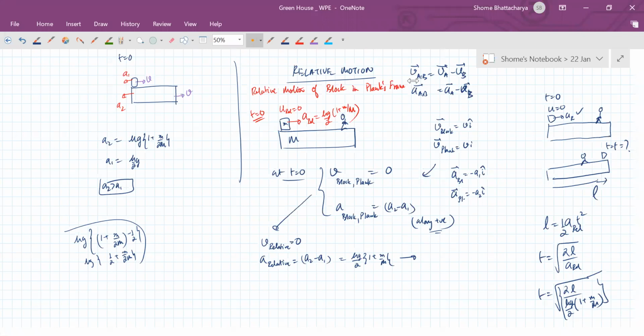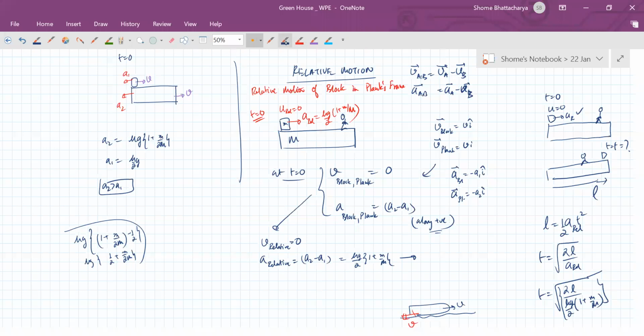No, it will not be. The thing is, now both are getting decelerated because friction is causing deceleration for both of them. That is the thing you have to understand. See, the plank is slipping with respect to the ground, so the ground immediately applies a friction backwards on it.